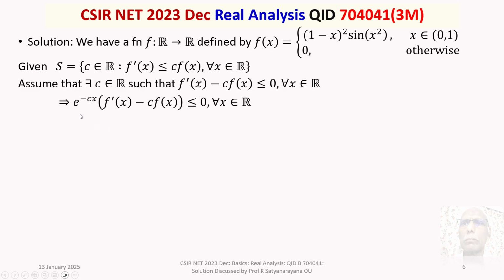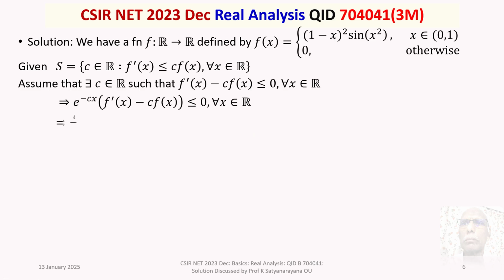But if you multiply by the integrating factor e to the power of minus Cx, then after multiplication, e to the power of minus Cx into, in brackets, f prime x minus C times f of x will become a perfect differential. For that reason, we have multiplied throughout by e to the power of minus Cx. By multiplying by e to the power of minus Cx, the inequality will not be disturbed because e to the power of minus Cx, for all values of C and all values of x, is positive.